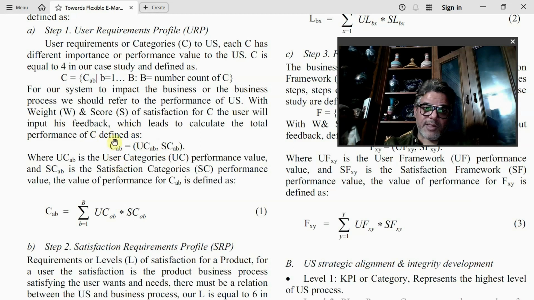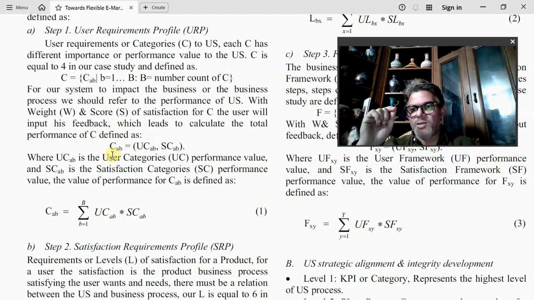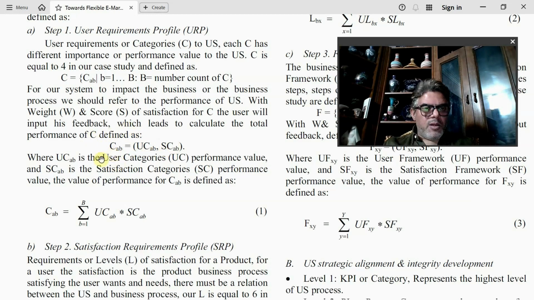Therefore, the total satisfaction of the category contains the quantitative performance and their associated semantics performance. Where the user categories performance value and the satisfaction categories performance value is given, for the category, by multiplication and then adding all the categories.